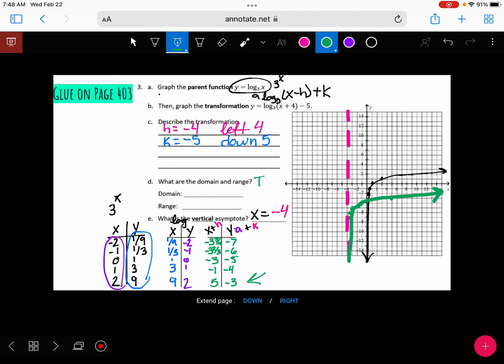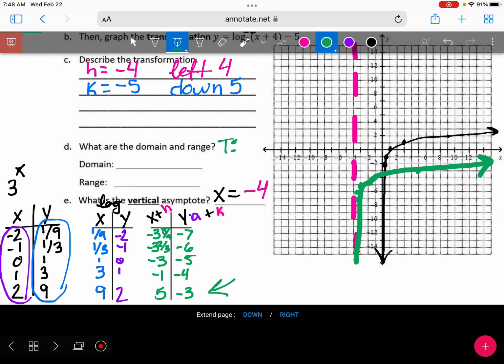So our transformed domain and range, I want to know that. What is the domain of our green function? Which x values work? Or where do they stop working? What's the very smallest my x is trying to be here?